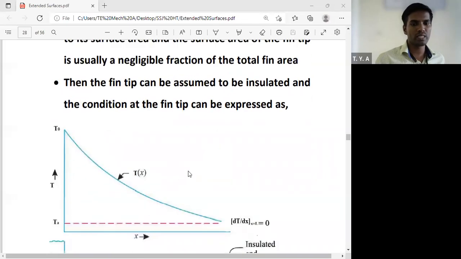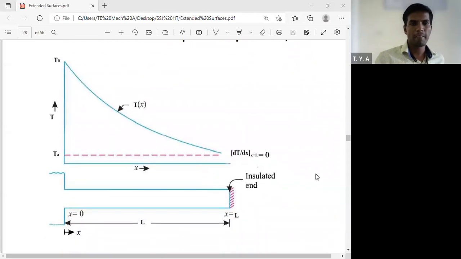So all of you draw this diagram for this case 2. Okay, so at the end there is an insulated end. So therefore dT by dx at x is equal to L, it is 0. Heat transfer होणार नाही त्या end मधून. So therefore we have to consider dT by dx at x is equal to L is equal to 0.